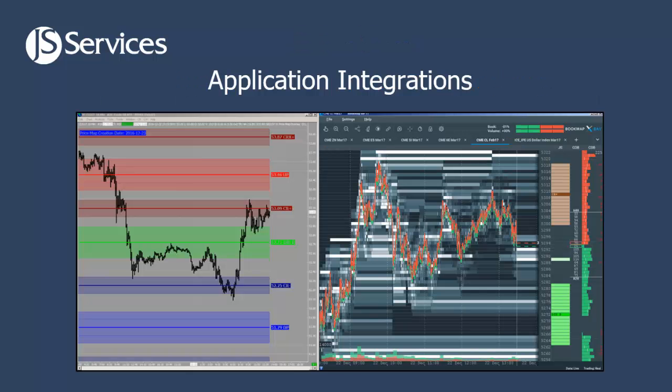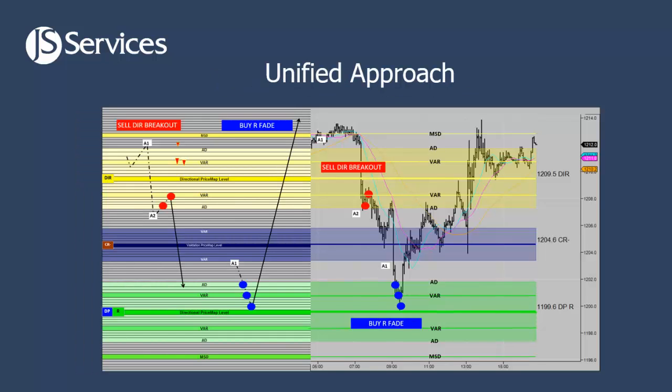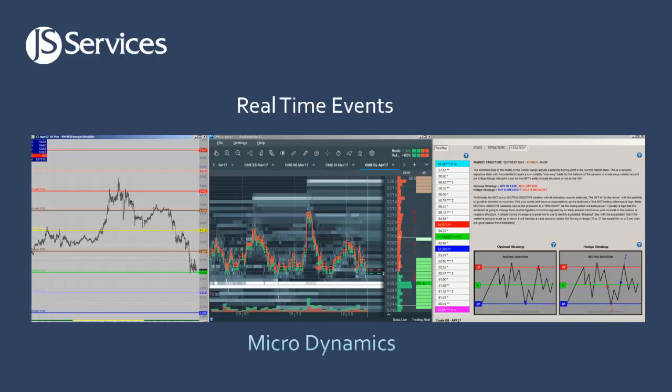The analytics are normalized into your daily workflow through our different application integrations, which improves consistency. Tactics are optimized with market metrics, which afford a more systematic, unified approach that is applicable across all asset classes, and enhanced by incorporating real-time order book events.